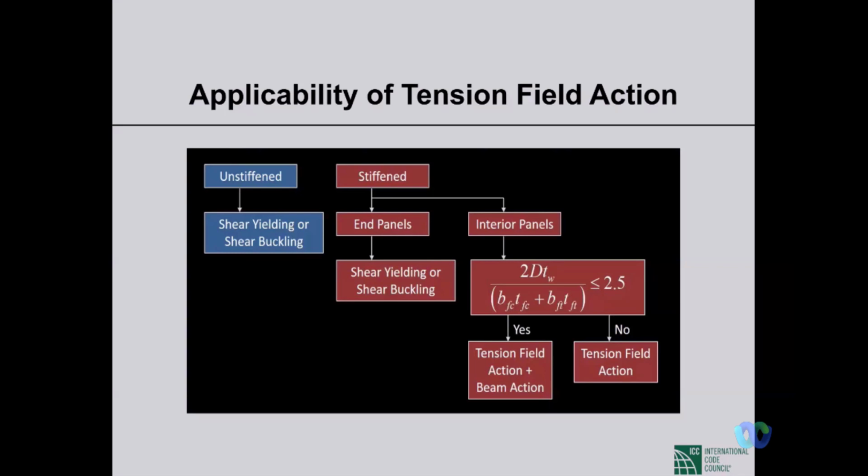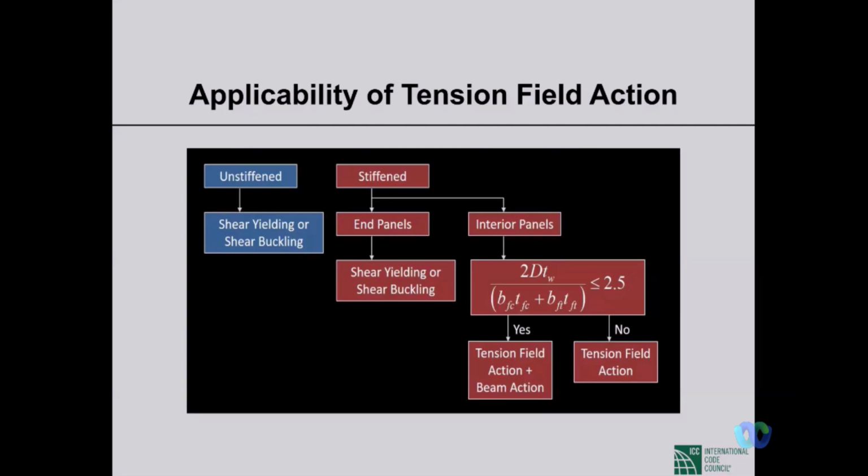If we have stiffeners, only in that case, but at the end panel, that is the panel near the support or near some concentrated load, in the end panels we cannot consider tension field action, because in those parts the shear is so high that we cannot rely on tension field action.